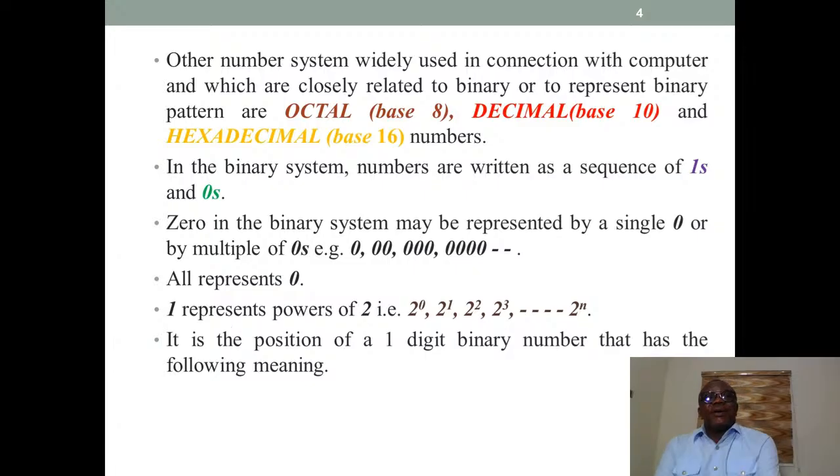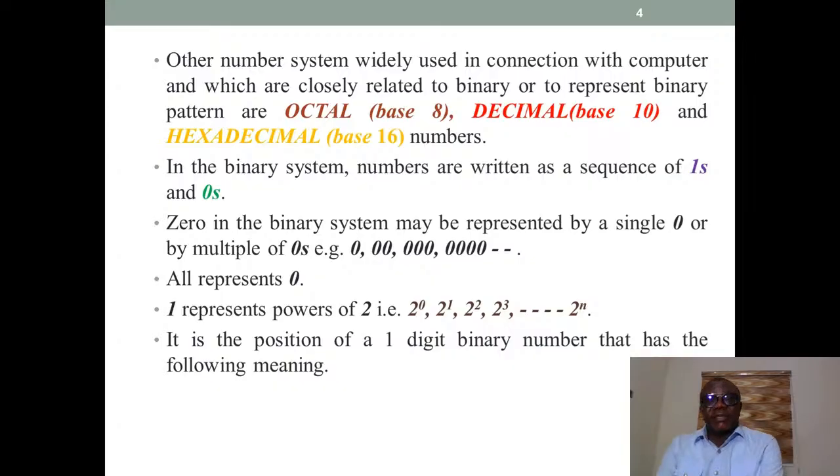Other number systems widely used in connection with computers, which are closely related to binary or used to represent binary patterns, are octal, base 8, decimal, base 10, and hexadecimal, base 16.